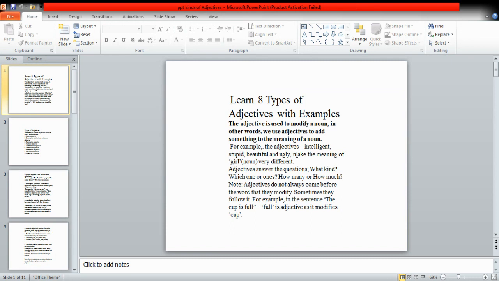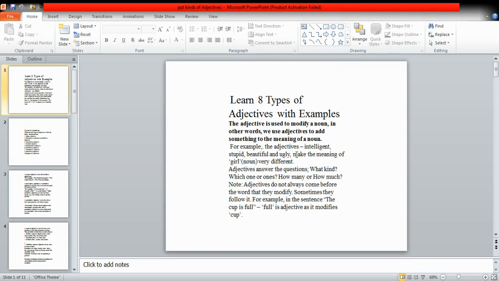Sometimes they are there in the sentence just to modify the noun, like you can see in the example, the cup is full. Now, in this sentence, full is an adjective, but it is not before any noun at all. But at the same time, it is modifying the noun, which is cup, in the sentence.